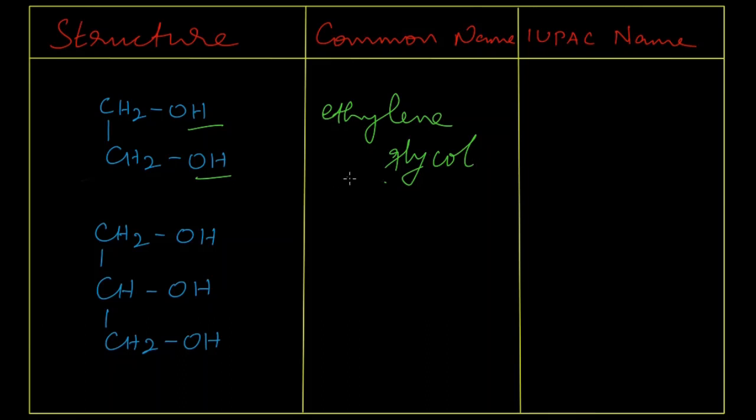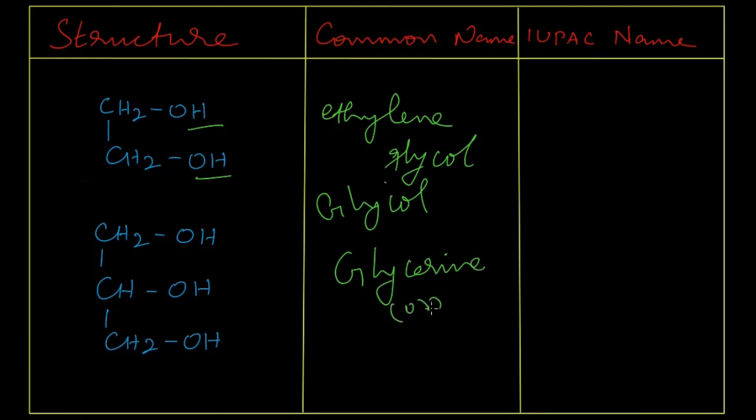Or else simply you can name it as glycol. Both are correct. And here for this compound, the common name is glycerin or glycerol. Both are correct according to the common name.